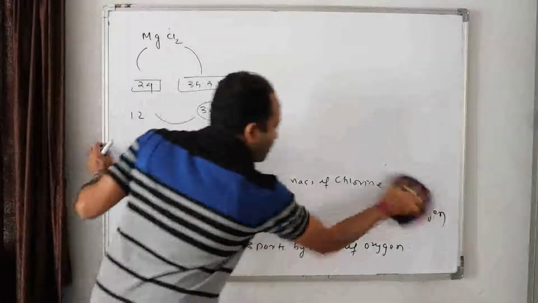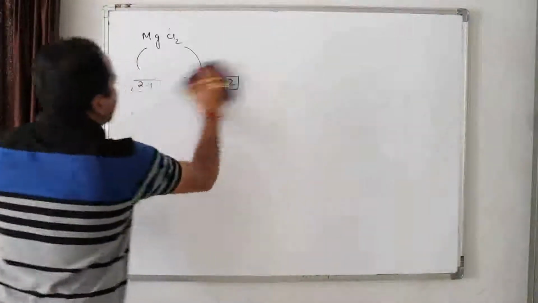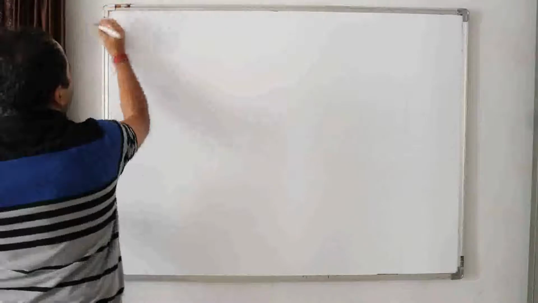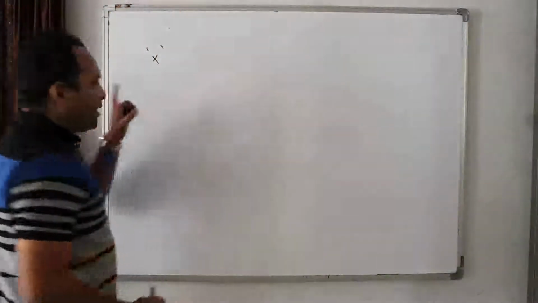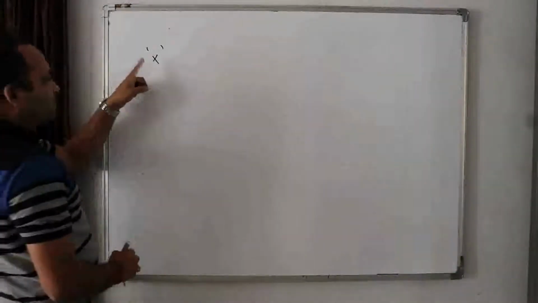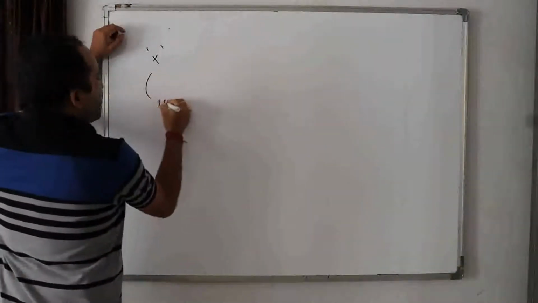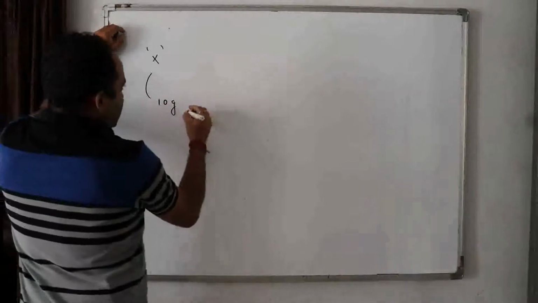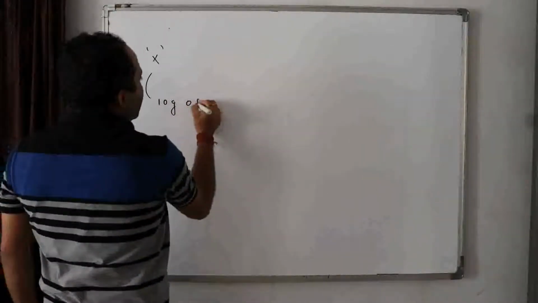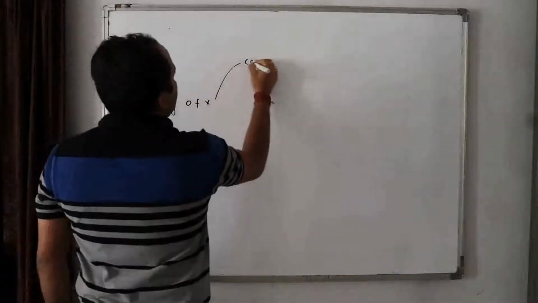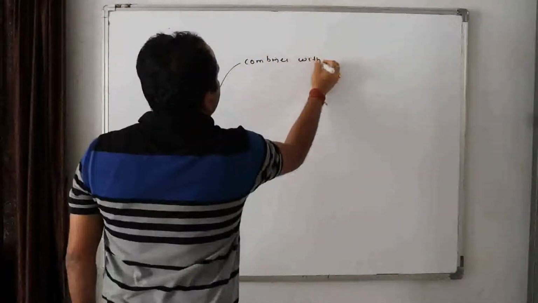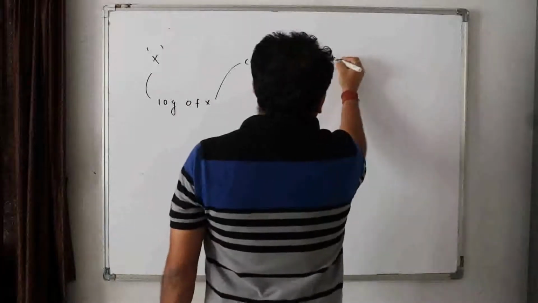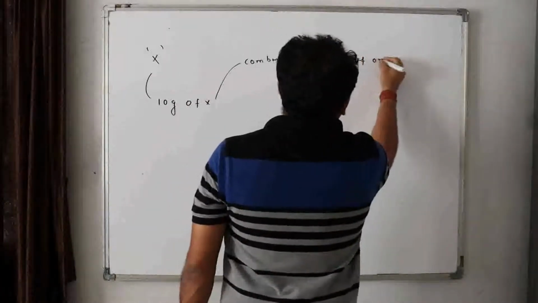Normally, how do you know what is the equivalent mass? Again, to make you understand more. Equivalent mass of a substance X. For example, if I say 10 gram of X combines with 4 gram of oxygen.